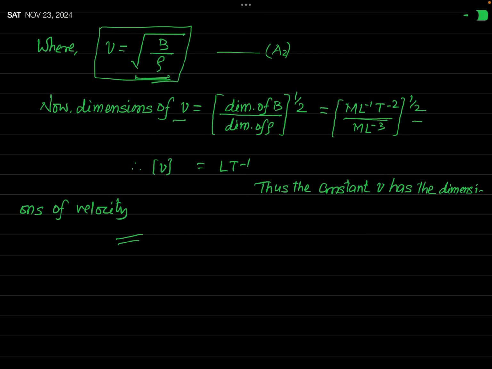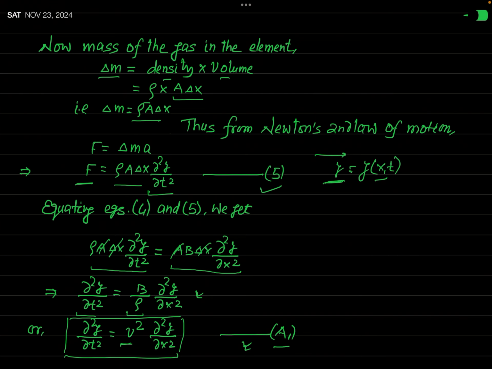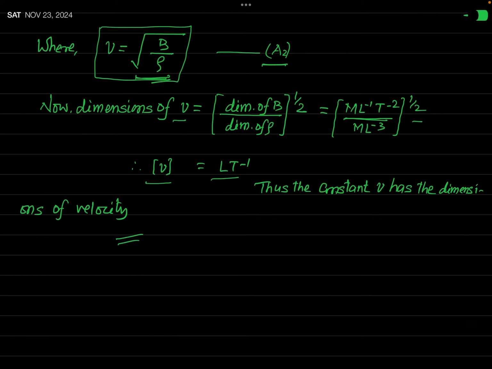And here there is a square root, so I have taken a square. After simplifying it, the dimensions of this constant V is L T inverse. But you know, L T inverse are the dimensions of velocity. So the constant V has dimensions of velocity. And these are the two most important results which I have mentioned in equations A2 and A1. And A1 is the equation of motion of this air column.